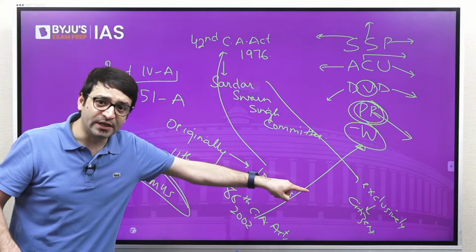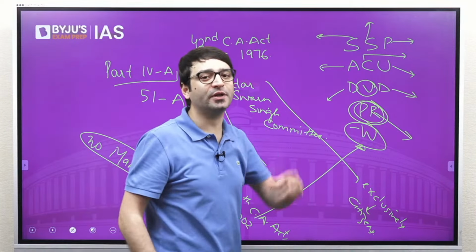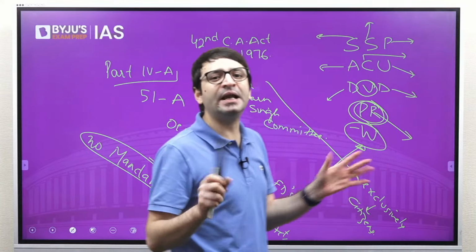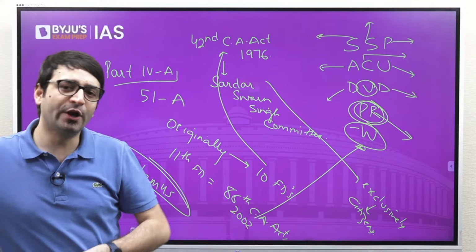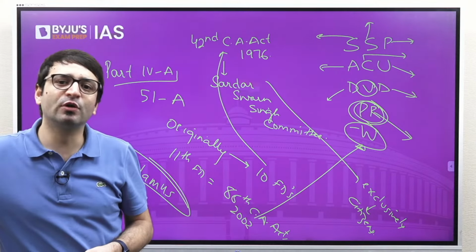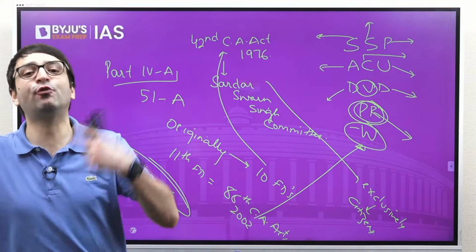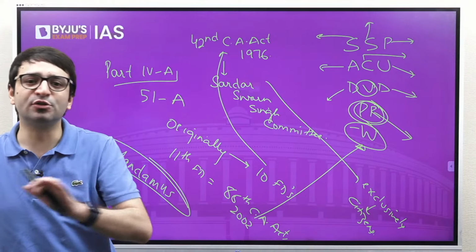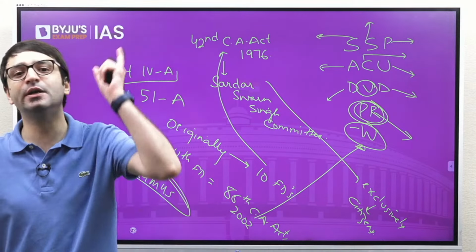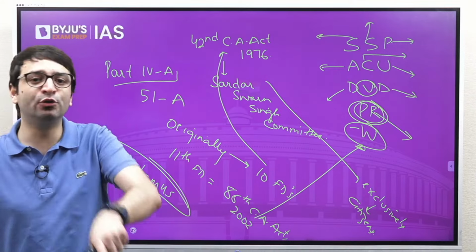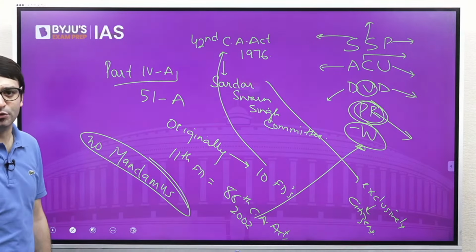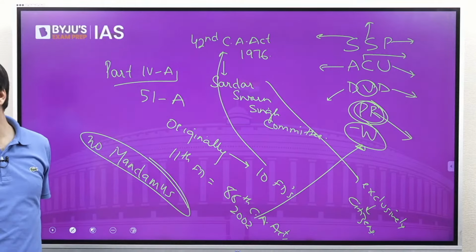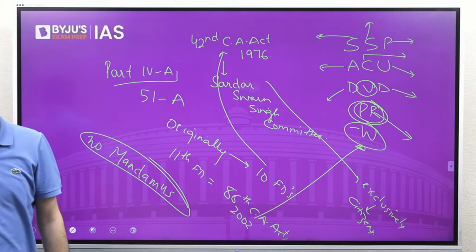But this duty is not the same as that of a fundamental duty. So if you and me are violating fundamental duties, are not following the fundamental duties, you cannot approach the court, ask the court for the issuance of a writ of mandamus and force me to do this duty. Because these duties are not legal duties. Violation of legal duties can lead to the invocation of mandamus, but not fundamental duties. Clear? That is related to fundamental duties.